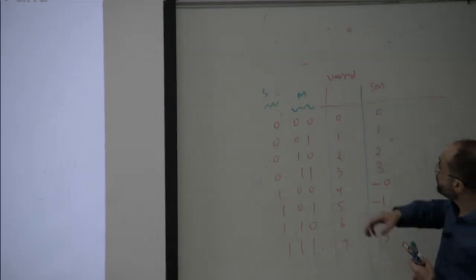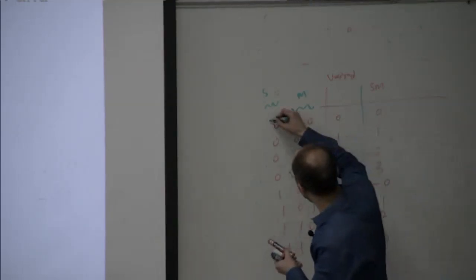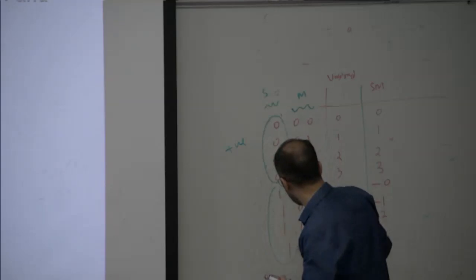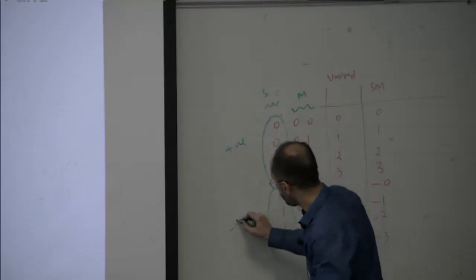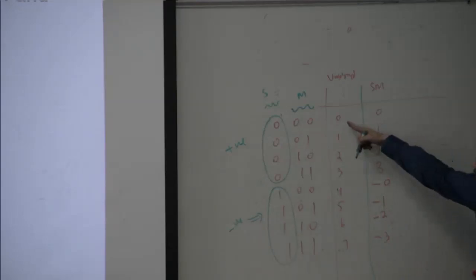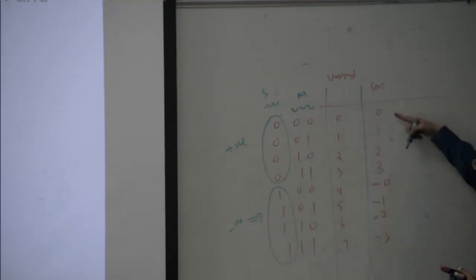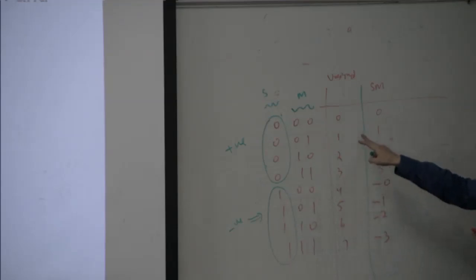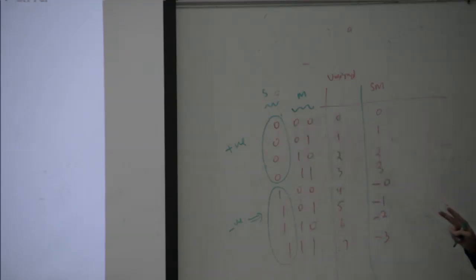If the sign bit is 0, it represents a positive number, and if it is 1, it represents a negative number. That's the reason that for unsigned the range is from 0 to 7, and here the range is from -3 to +3. And in this case, 0 is represented by 2 codes. Even 100 represents 0, and 000 also represents 0.